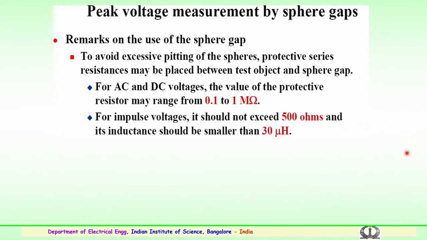For impulse voltages, the specification says the series resistance should not exceed 500 ohms, and its inductance, particularly the lead inductance or the inductance of the resistor being connected, should be very small, and it is specified it should be less than 30 micro Henry.